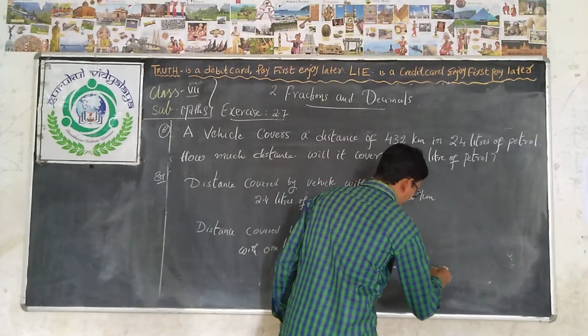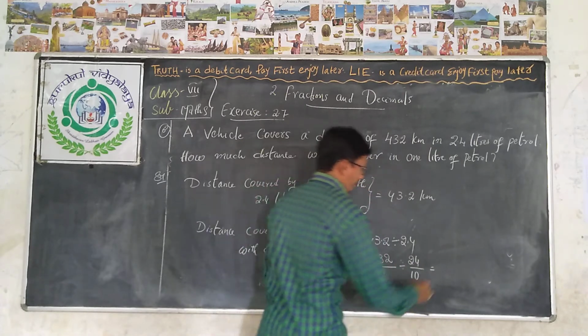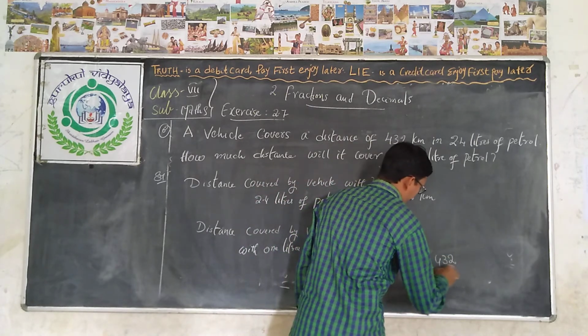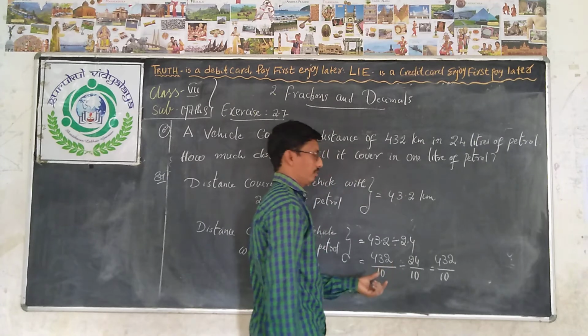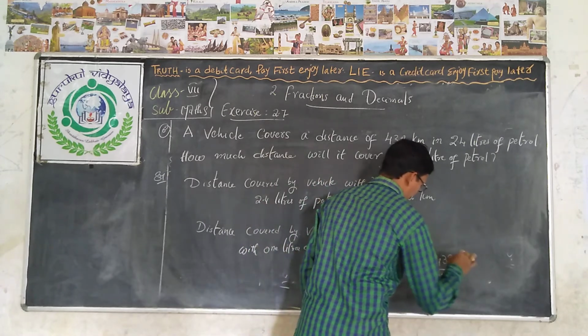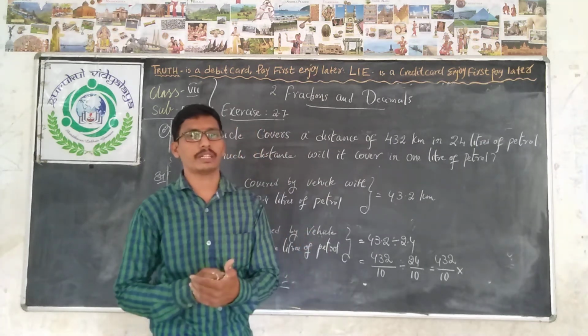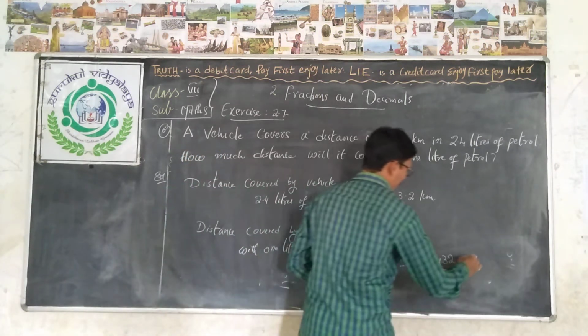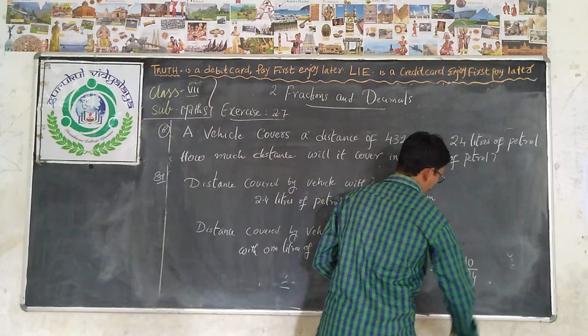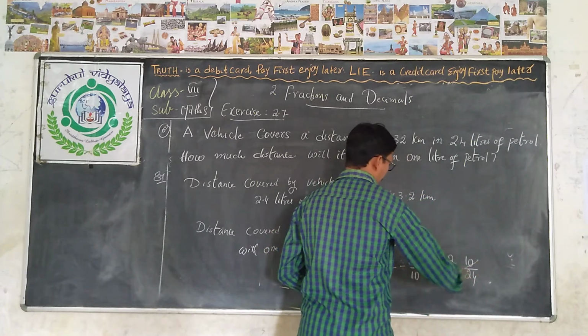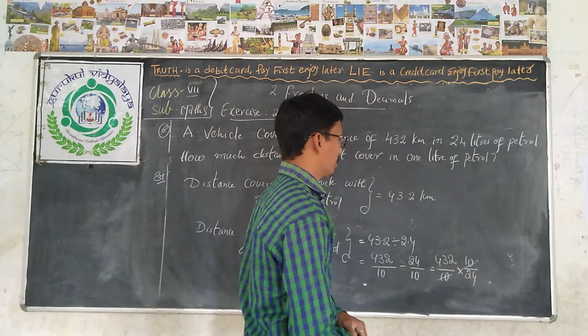So the next step is 432 by 10. Convert the division into multiplication, then the second term automatically becomes the reciprocal. 24 by 10 becomes 10 by 24. Now see, 10 and 10 are both cancelled.